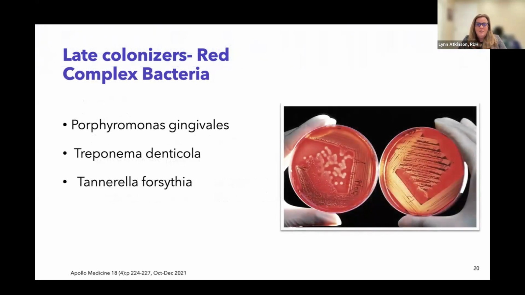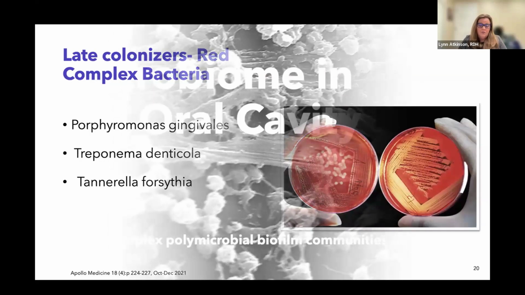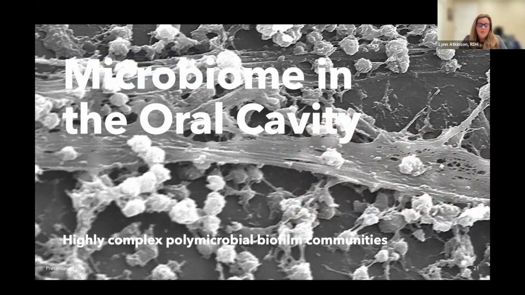As they grow and become more anaerobic, these late colonizers form, and these are the red complex colonizers, and they are really pathogenic. They can cause disruption, inflammation, bacterial invasion into the gum tissue, bone loss, and tooth loss. The microbiome in the oral cavity is a highly complex polymicrobial biofilm community.